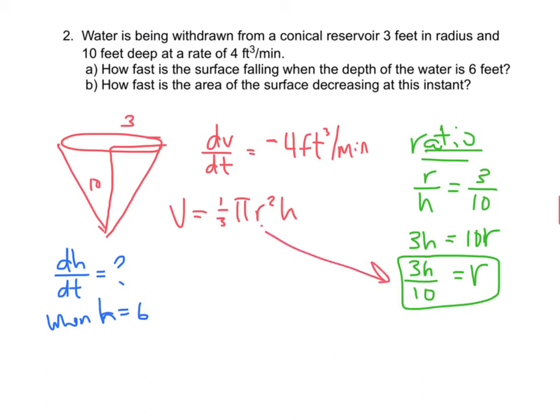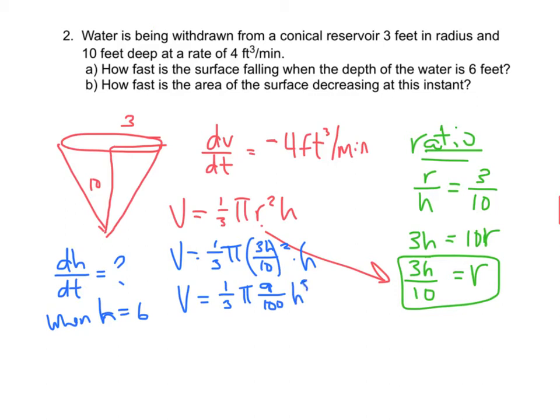I'll write this as volume is equal to 1/3 pi times 3h over 10 squared times h. That would be volume equals 1/3 pi times 9 over 100 and then h cubed, if I pull the fraction away from the h, since h squared times h is h cubed.